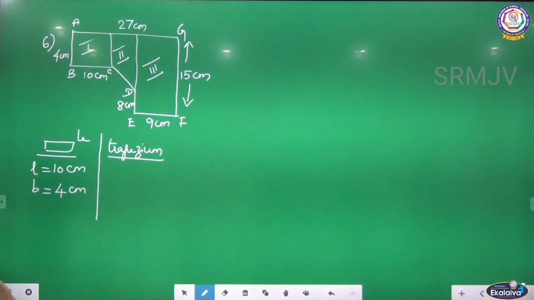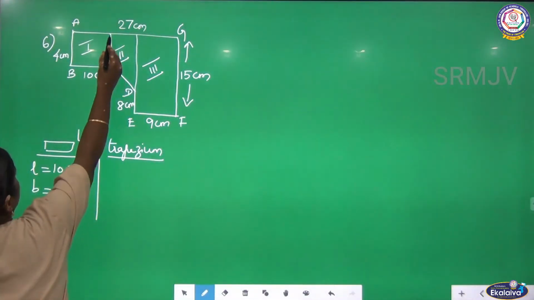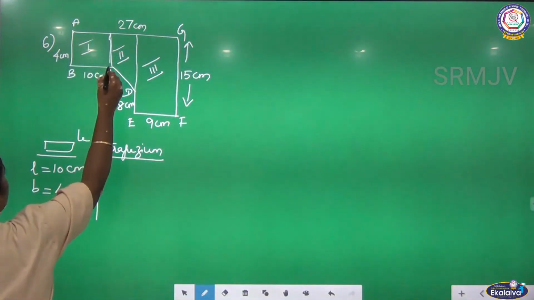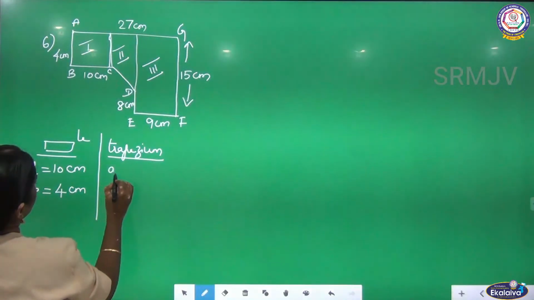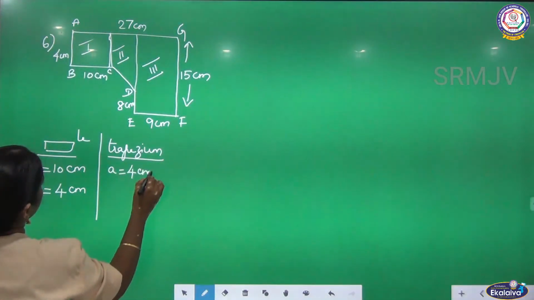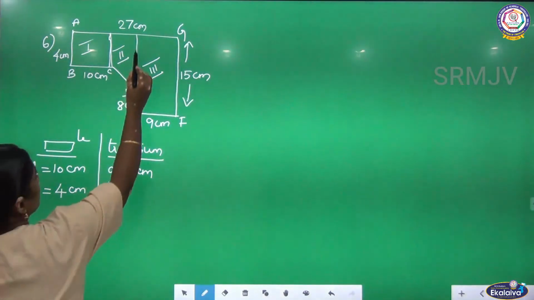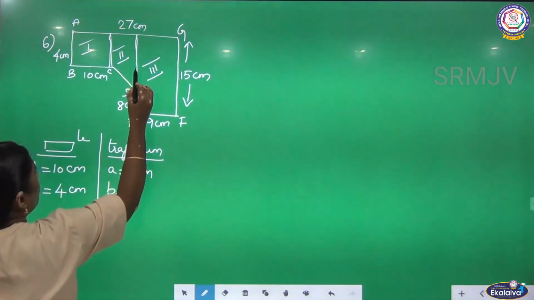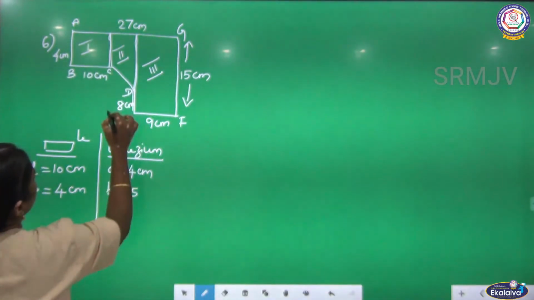So listen, what is the parallel side here? See, this side is what? 4. A is equal to 4 centimeter and B is equal to, see this, the whole line segment is what? 15 minus 8.